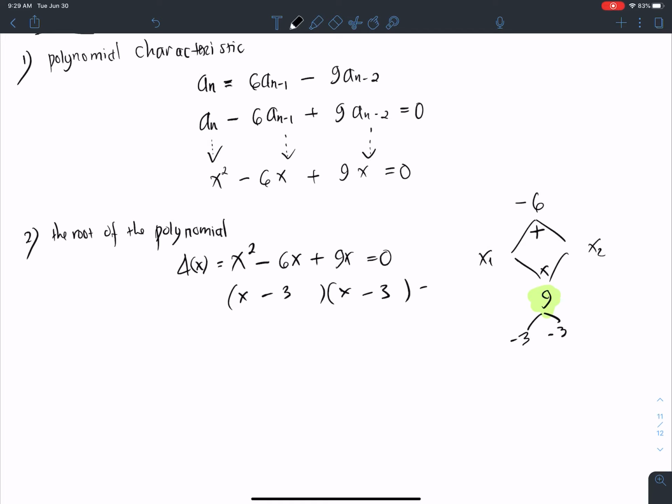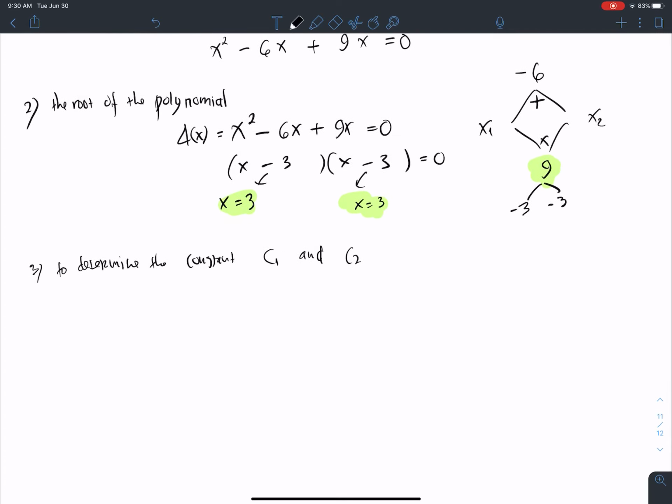Here we get x equal to 3, and from the other factor we also get x equal to 3. And this is what we said, the roots are equal. So when they are equal, this is what we do. The next step is to determine the constants C1 and C2.